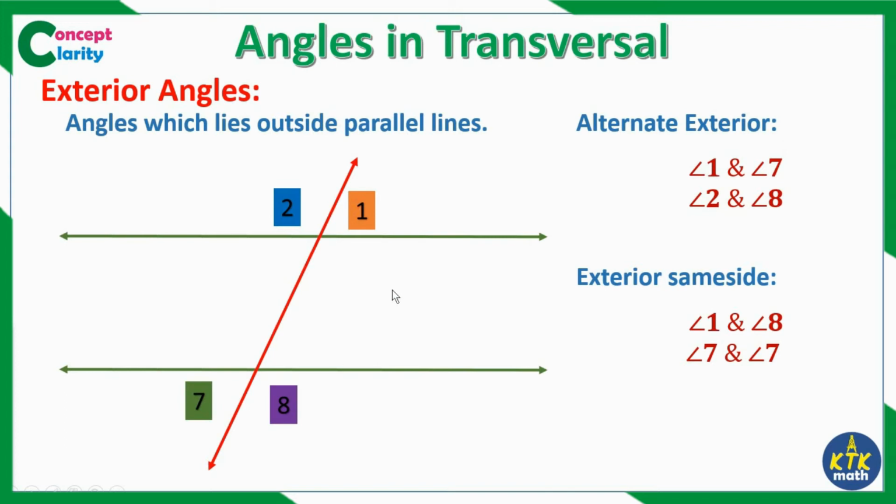So this is how we are going to classify the names first. Whenever angles are given to you, the first thing you need to do is name the angles, whether they are corresponding, alternate interior, alternate exterior, interior same side or exterior same side. All these things you need to find when you are observing two angles.